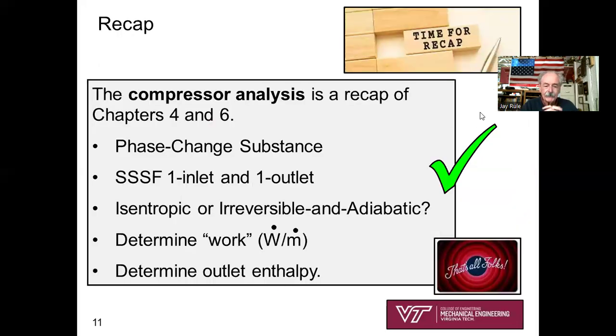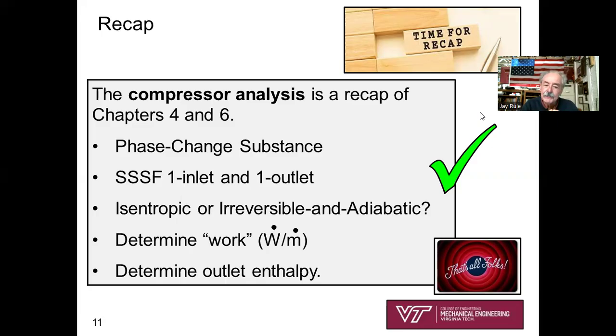So what's our recap for this in terms of the compressor analysis part of a refrigeration cycle? It's a recap of chapters 4 and 6. You've got experience at that already. You're dealing with a phase change substance. In other words, for the compressor, you're looking at saturated vapor at the inlet, superheated vapor at the outlet.